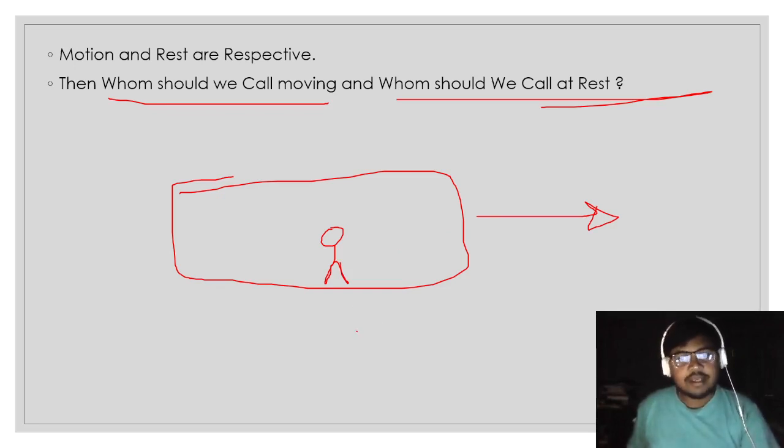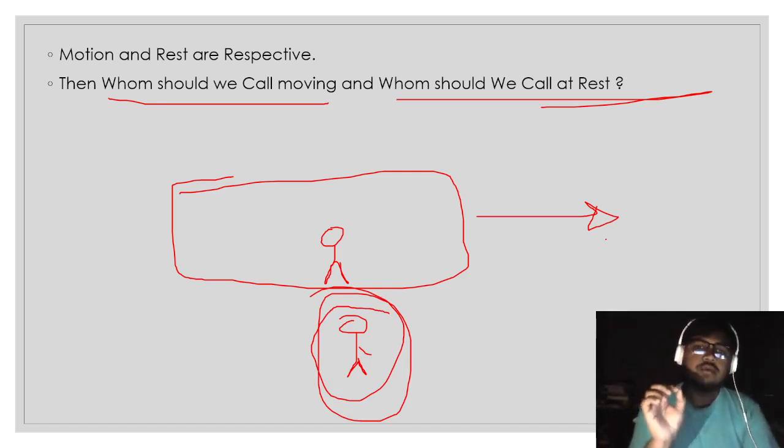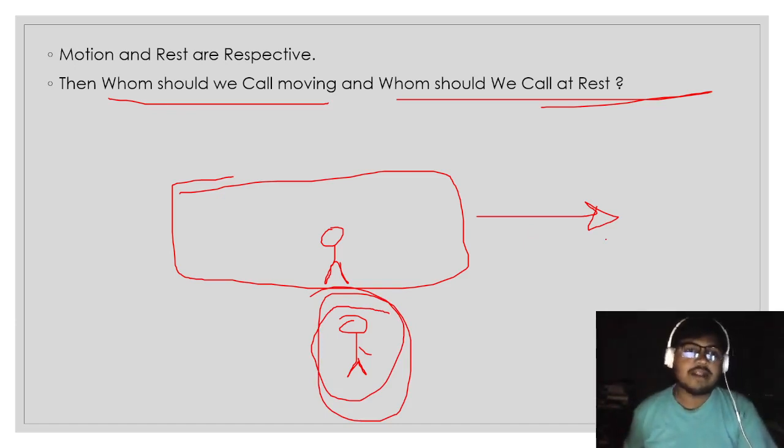But if we consider the frame of reference of the boy outside the train, that only the train including you is moving, the calculation is much simpler. So we should take the frame of reference of him, and this is how we should consider the frame of reference, and decide which one is moving and which one is at rest.